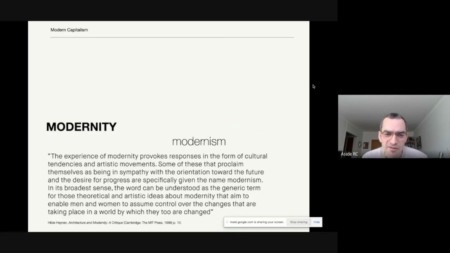In its broadest sense, the word can be understood as the generic term for those theoretical and artistic ideas about modernity that aim to enable men and women to assume control over the changes that are taking place in a world by which they too are changed.